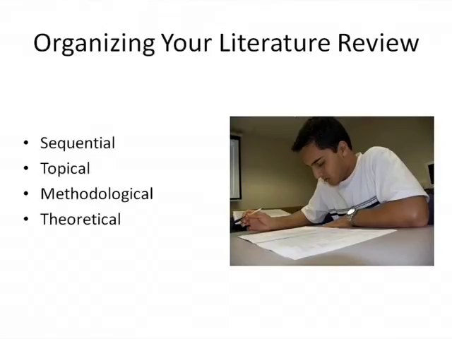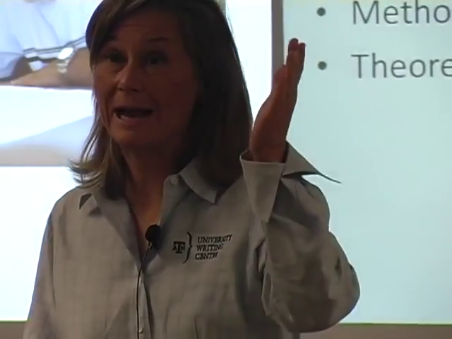For most of you, you're going to have too much literature on your topic. So how do you organize it? Well, one of the ways you can organize your lit review, and you're going to have a little overlap, is to look at the material sequentially. What happened first, what happened second, what happened third. In Ed Psych, sometimes this is helpful because researchers did this experiment and they used to think that students did this in this way.